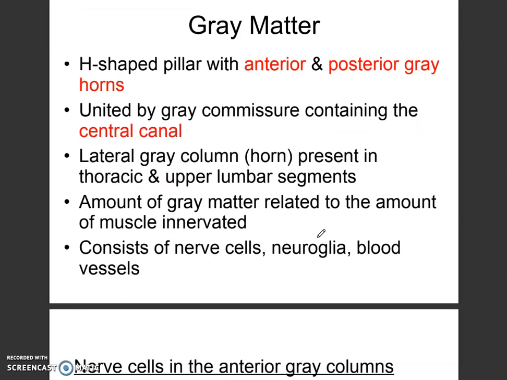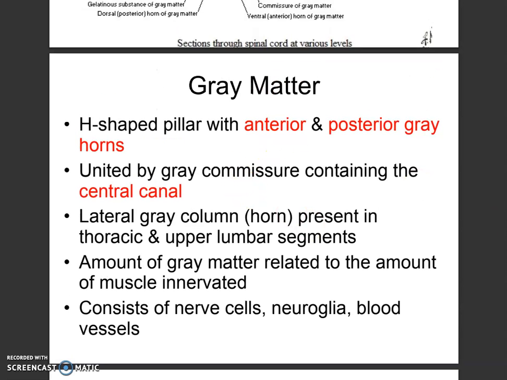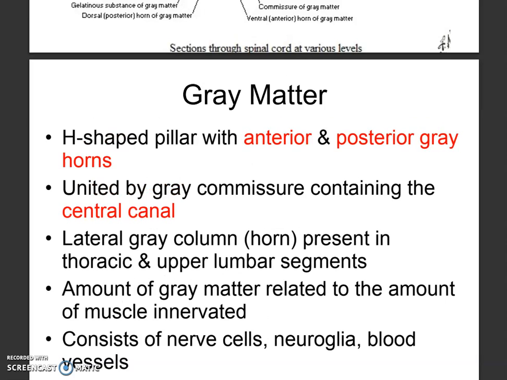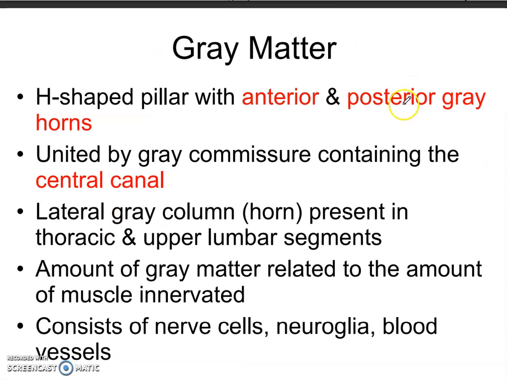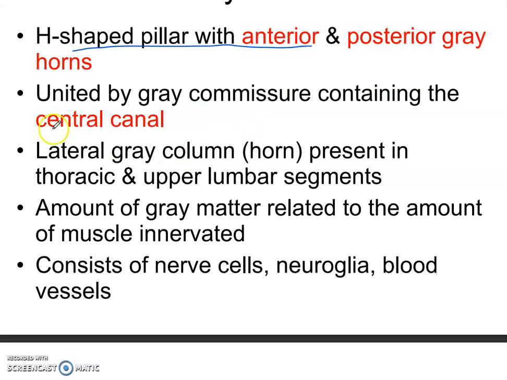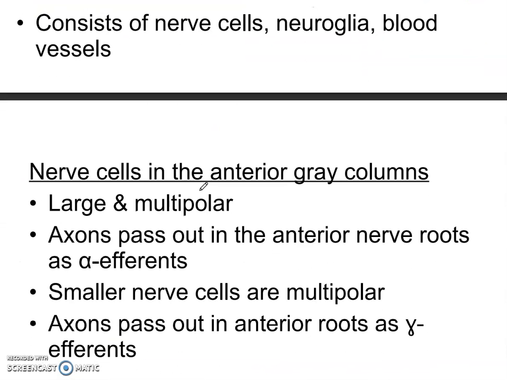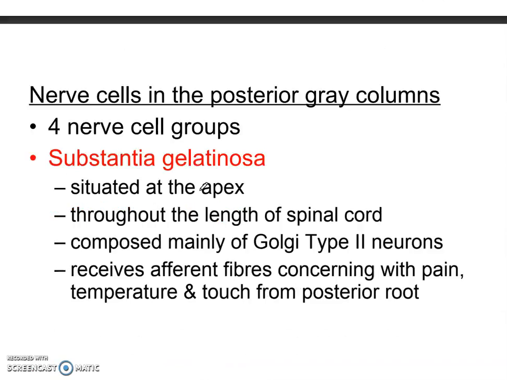And then what is the gray matter? Gray matter is basically an X-shaped pillar. As I've told you before, it is butterfly shaped as well, and there are the anterior and posterior gray horns, and there is the central canal and the upper and lateral thoracic segments, and I've told you this before. And then there are the nerve cells and so on.